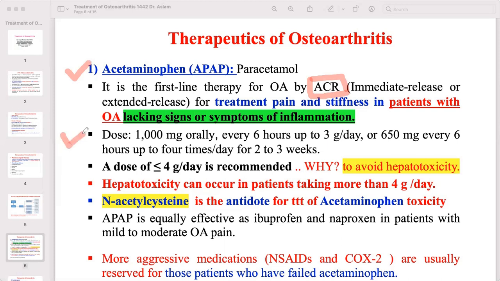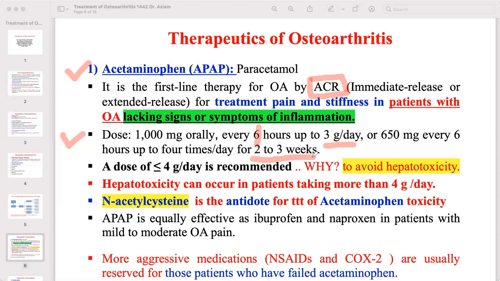Dose: 1000 milligram orally every 6 hours, up to a maximum dose of 3 gram per day, or 650 milligram every 6 hours, up to 4 times per day, and the therapy should be for 2 to 3 weeks.